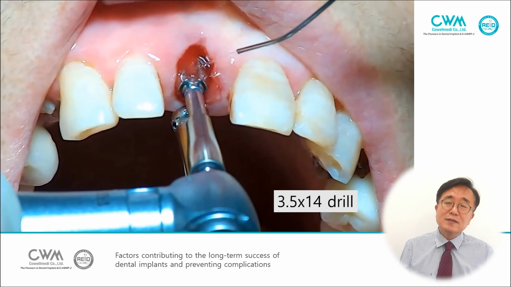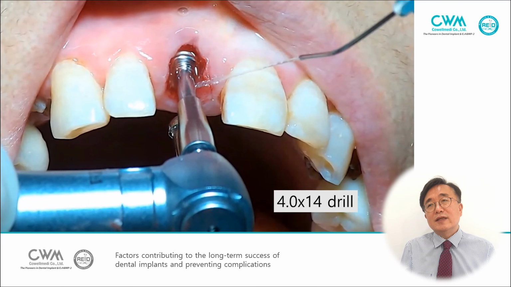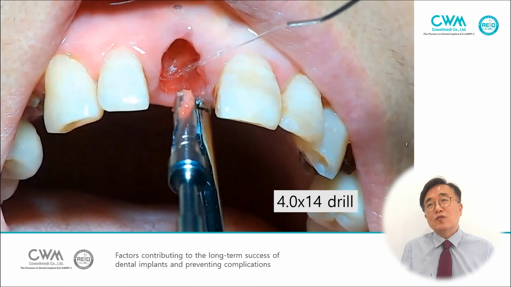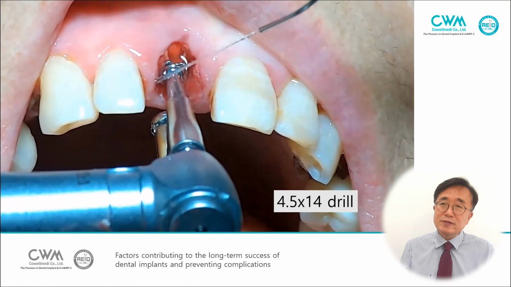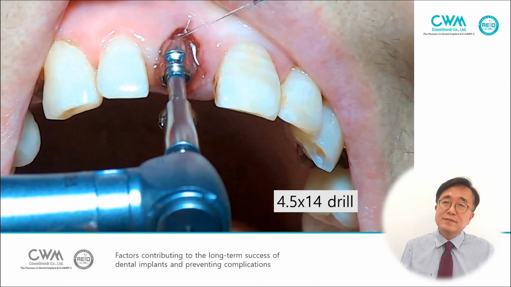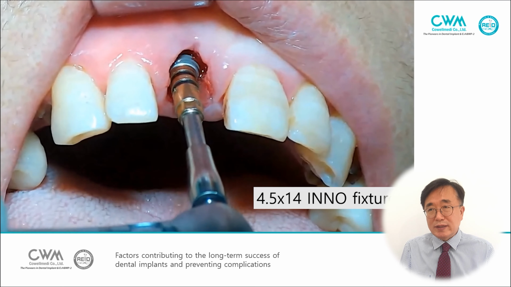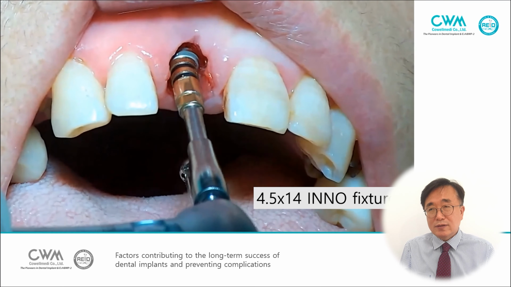Here, the drilling depth is 4 mm from the crestal margin of the gingiva. So we can maintain the biology with 4 mm during drilling. And the implant is inserted.